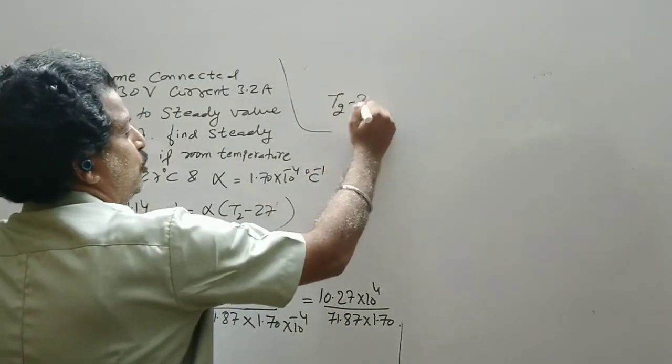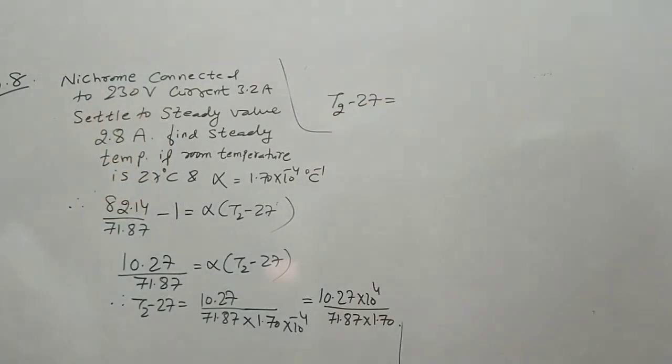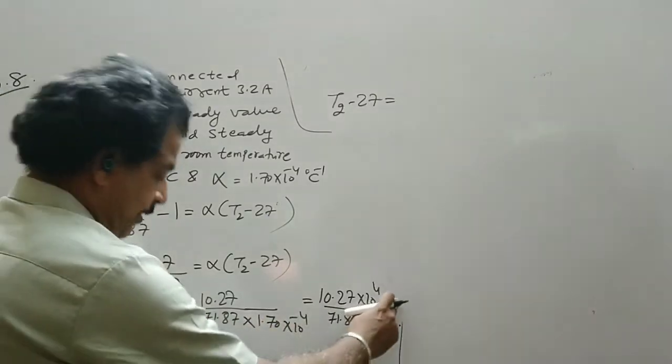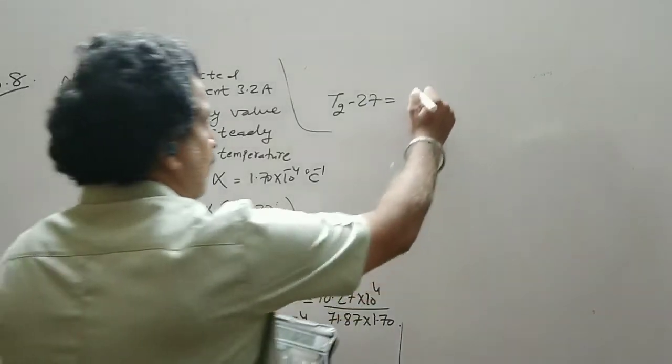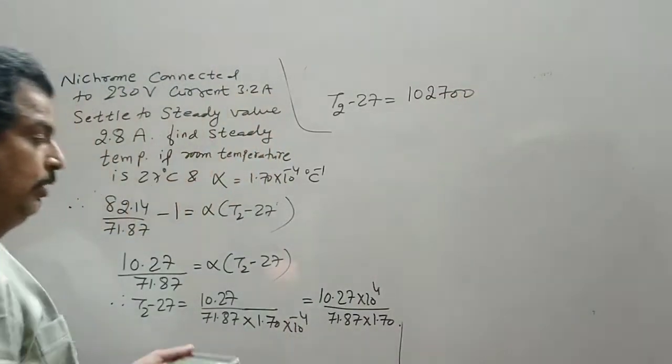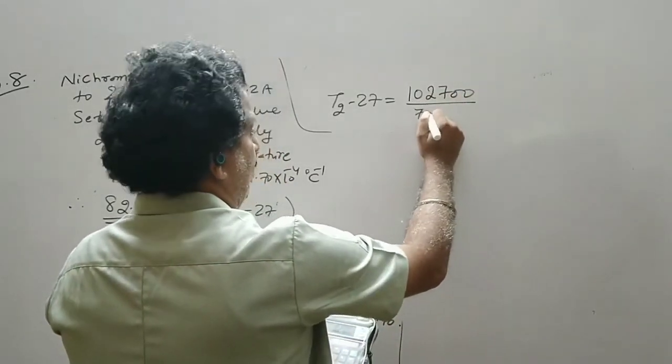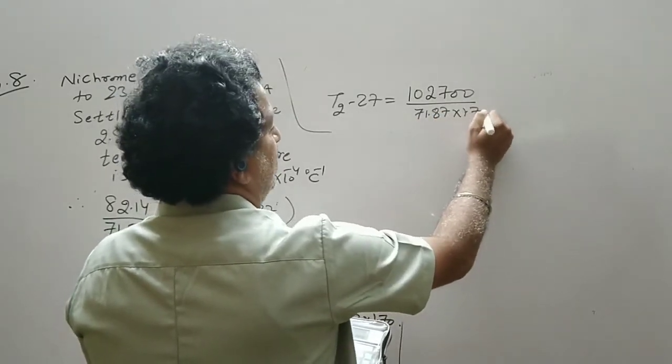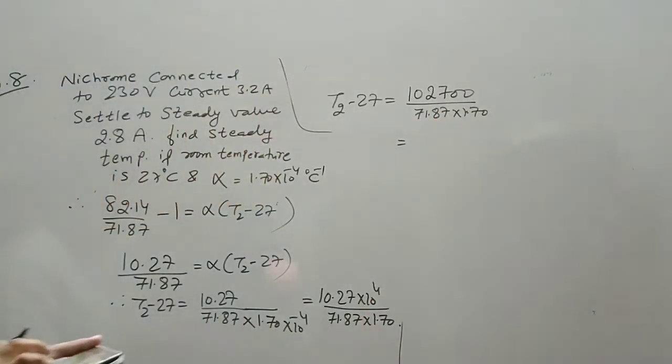So T2 minus 27 is equal to, now I will write, 10.27 multiplied by 10 raised to 4, that is 10,000. So I will write this as 102700 divided by 71.87 into 1.70. So now this can be easily calculated.